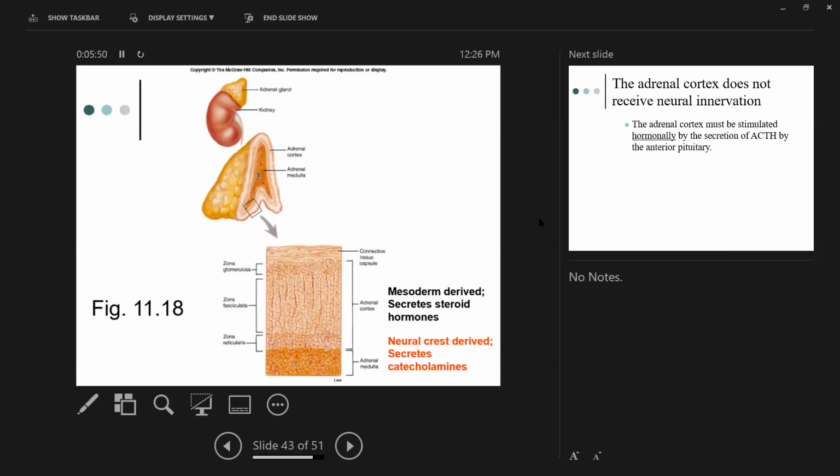Second layer is the zona fasciculata. And the third layer, innermost layer, is the zona reticularis, or reticulums.